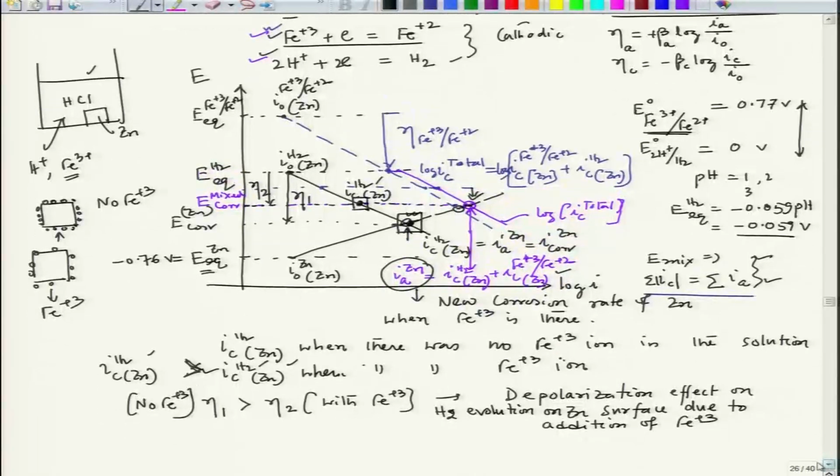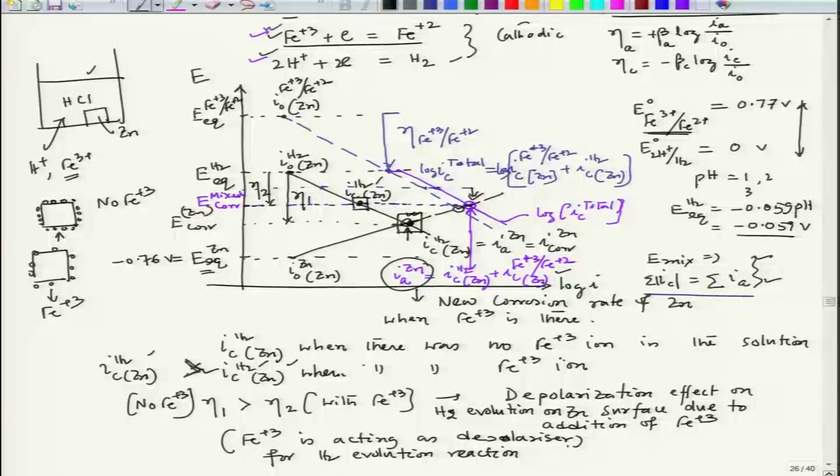So, we can also say that Fe+3 is acting as a depolarizer for the hydrogen evolution reaction.